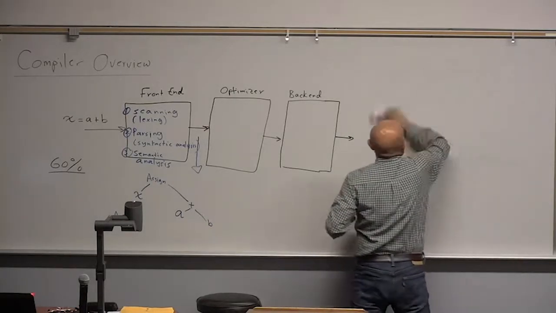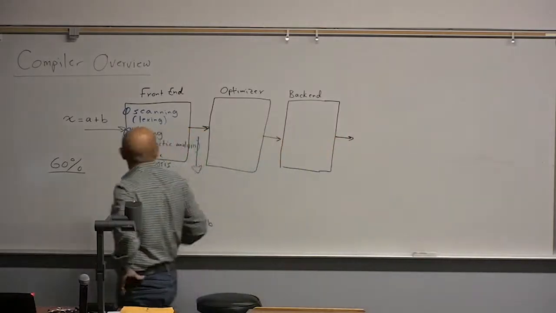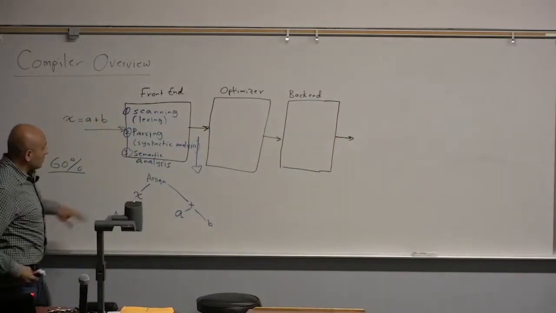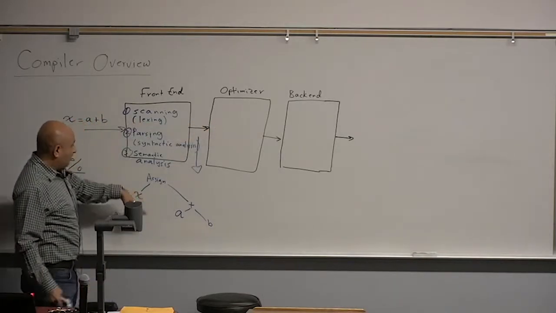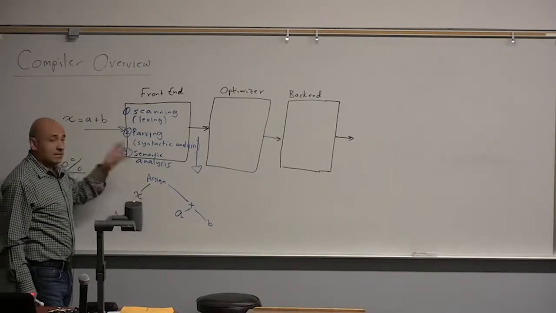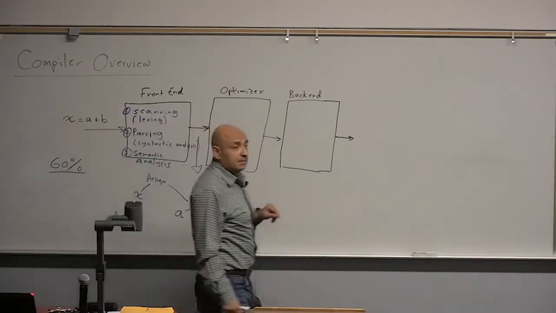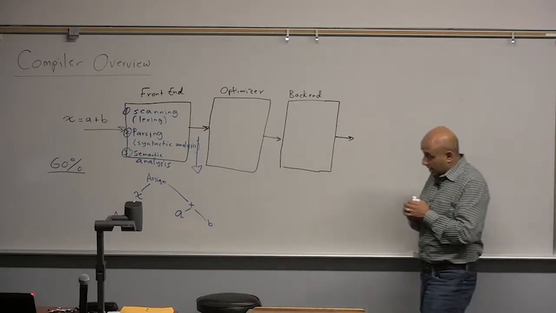So now, what does the compiler do in the optimization phase? Here we are at the intermediate level. We have the code represented as an abstract syntax tree or some other intermediate representation. By the way, the abstract syntax tree is not the only intermediate representation.